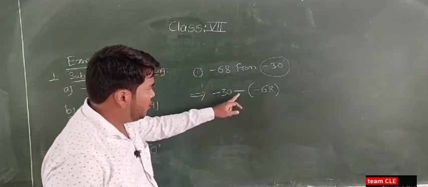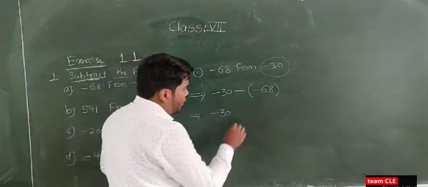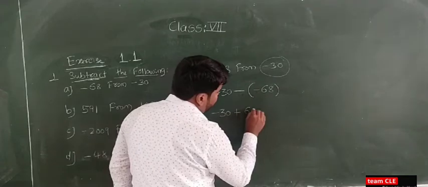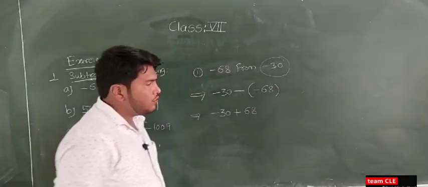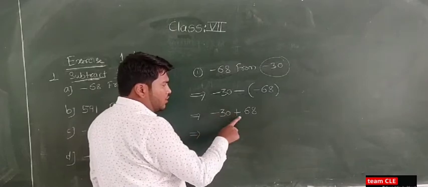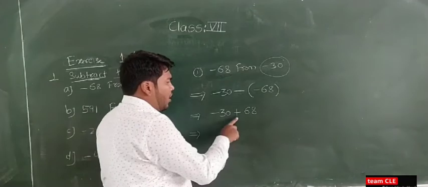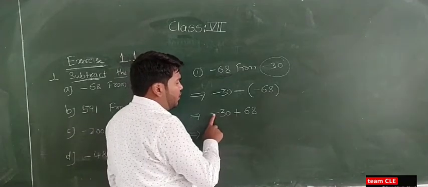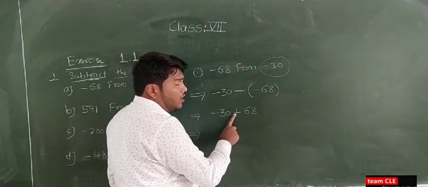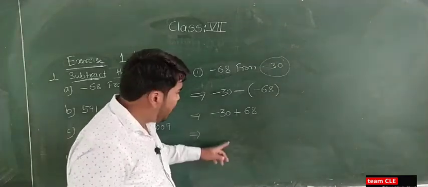Now see here. In the bracket, minus into minus gives plus 68. Whenever you have two integers, whatever the operation, when you have a negative integer and a positive integer, you just need to subtract, and by seeing the greater number's sign, we write that sign.